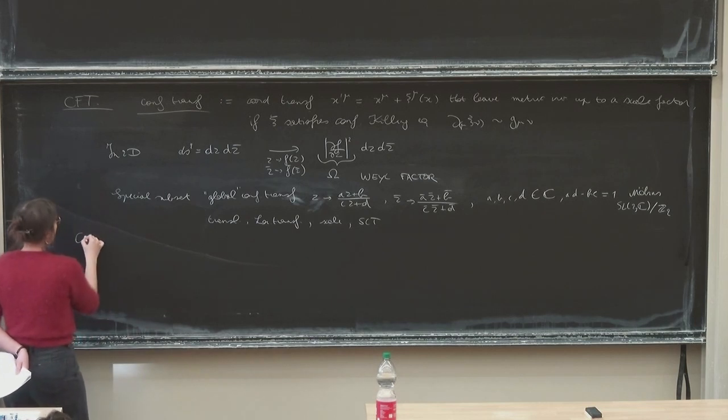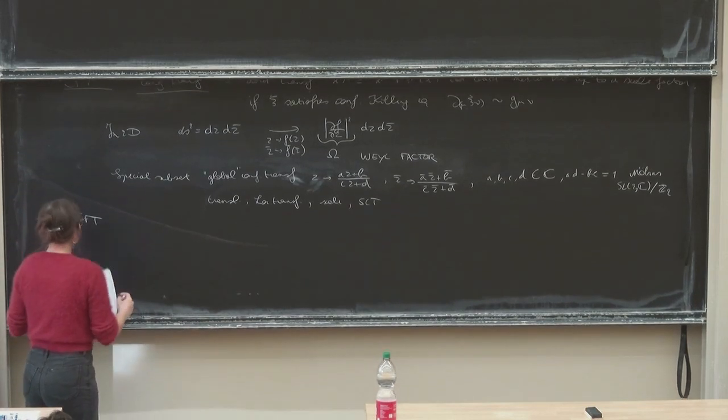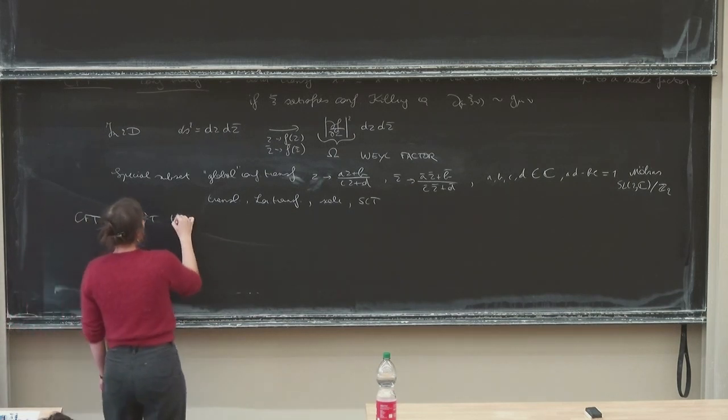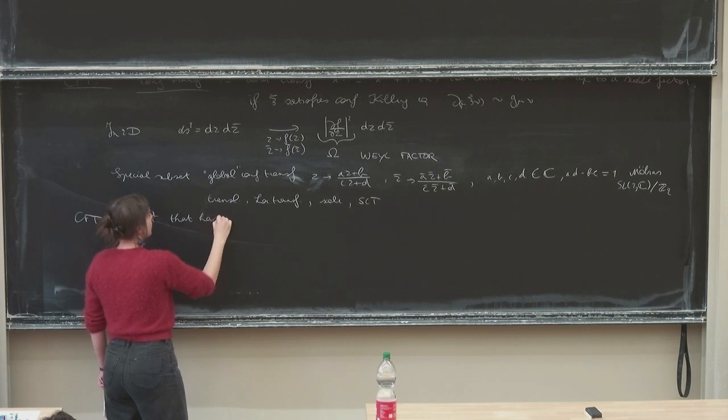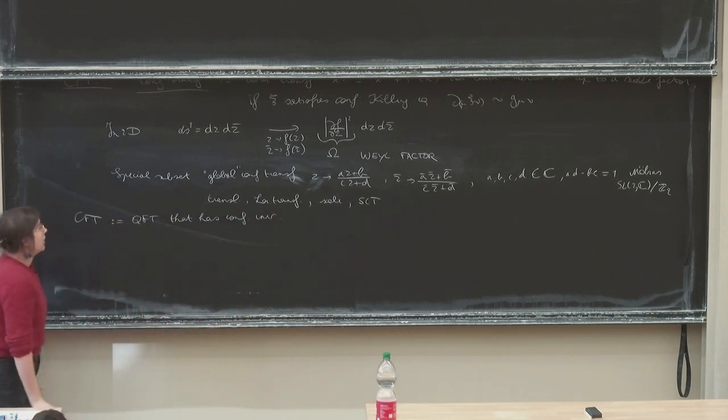Right, then, so this is the definition of conformal transformation. What's the definition of a CFT? A CFT is a quantum field theory that has conformal invariance, which can be expressed in terms of the correlation functions.